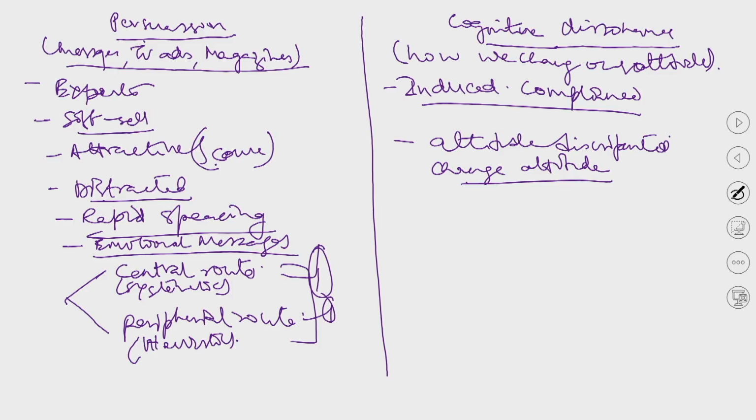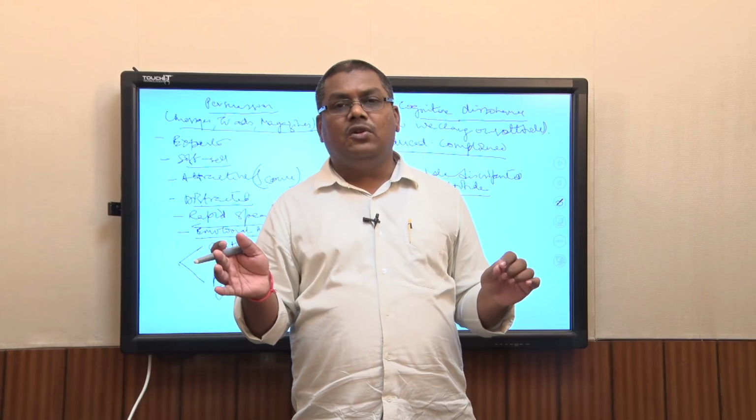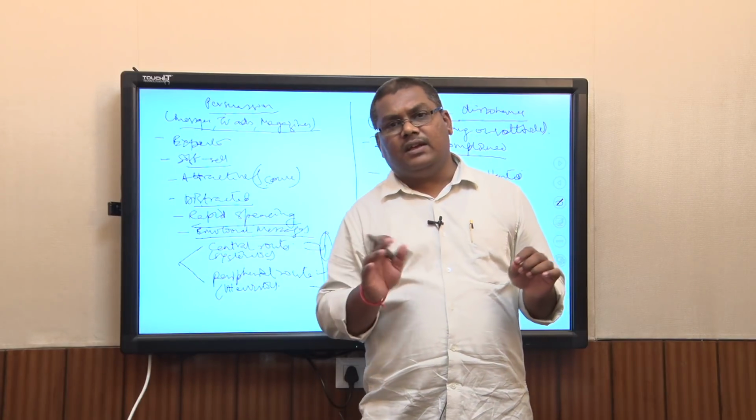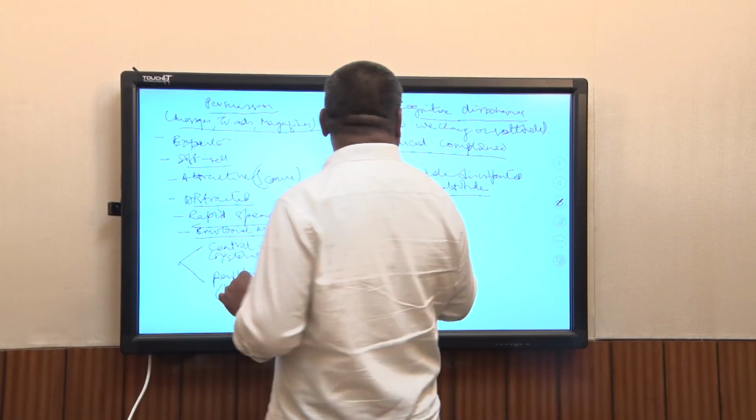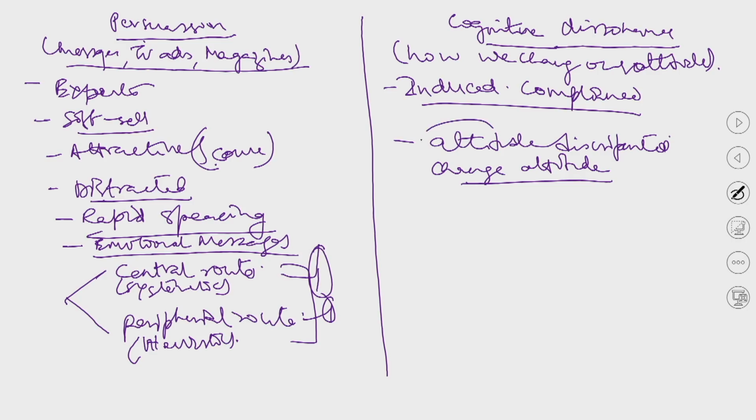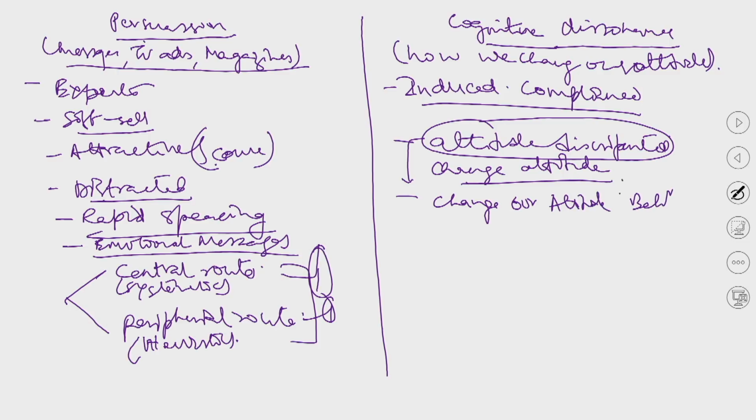It refers to the feeling we experience when we notice a gap between two attitudes that we hold, or an attitude and a behavior that we are doing. So, how do we solve it? Once we have this kind of attitude discrepant behavior, we either change our attitude or behavior, first thing.